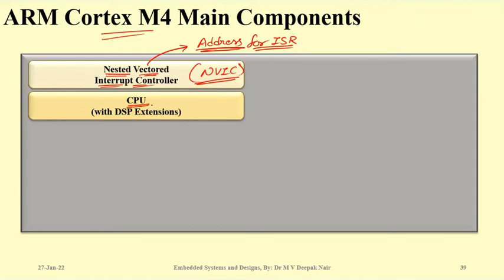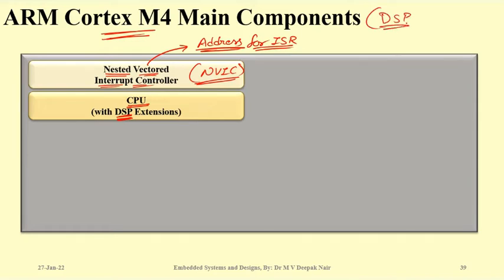CPU, of course, the ALU and all those parts, the central processing unit. But M4 has one very important feature, what is called DSP, digital signal processing. All my M4 Cortex are mainly designed for DSP related applications.